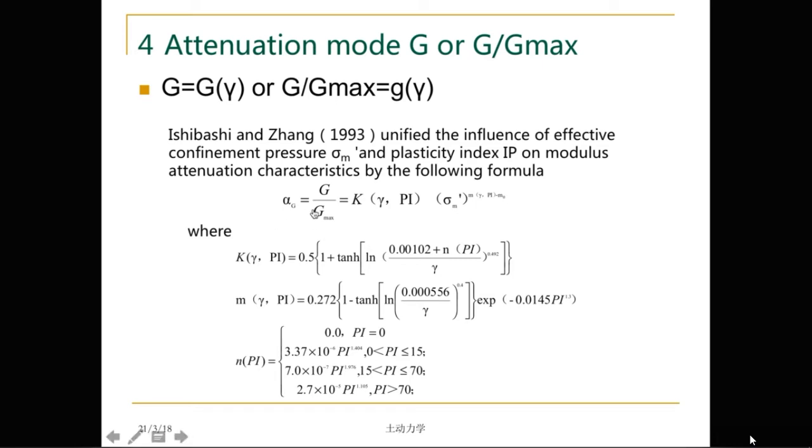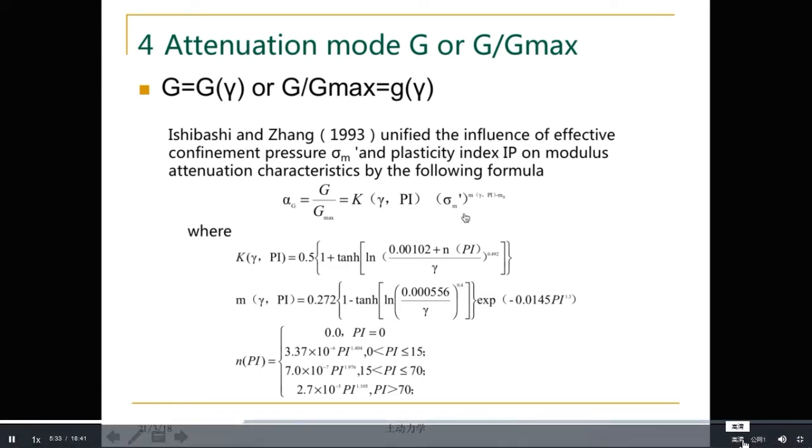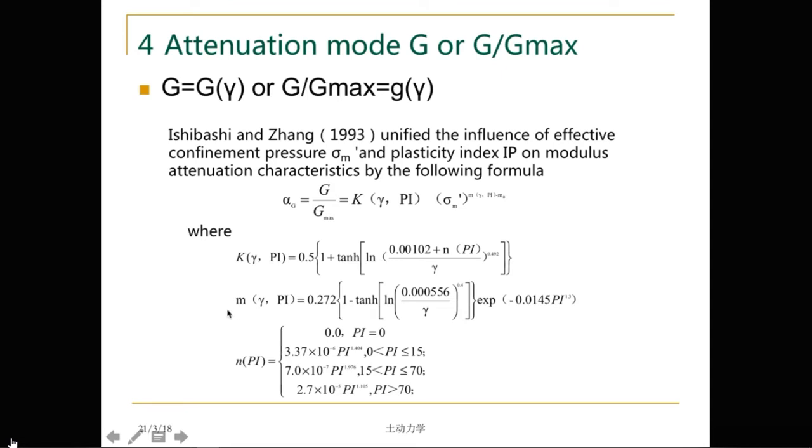Alpha 0, the ratio G over Gmax, is a function of strain and PI, times sigma m prime powered by m minus m0. Function k is given in this equation, and m is also a function given in the following equations.